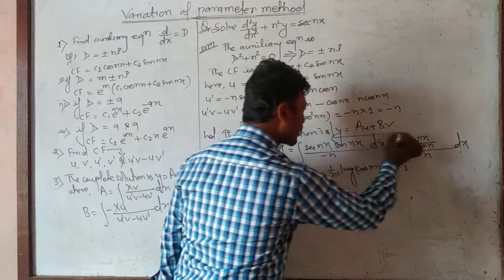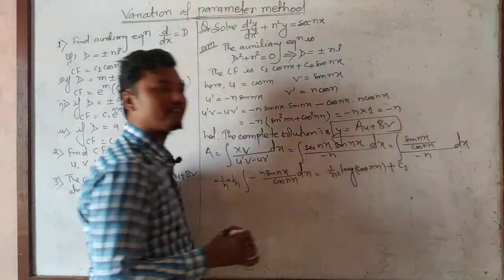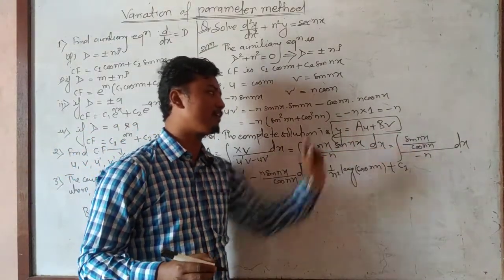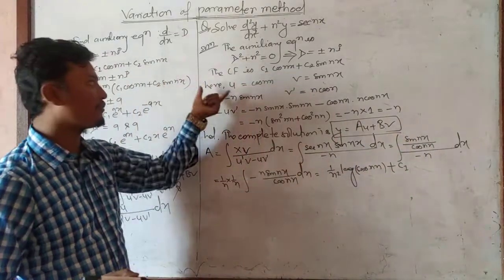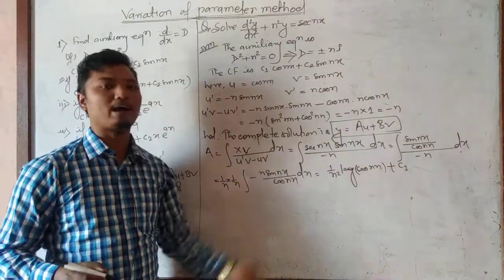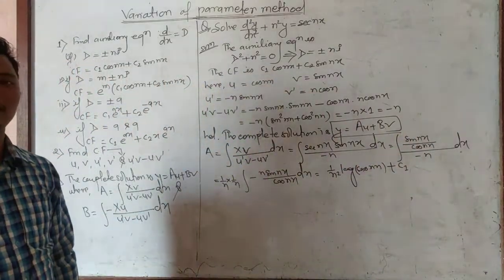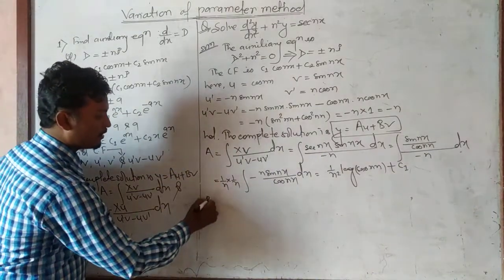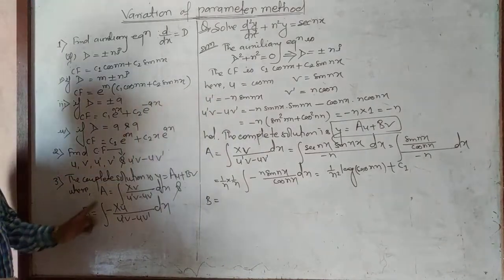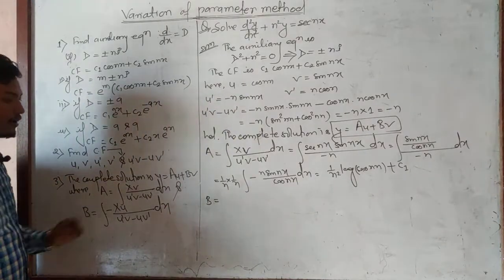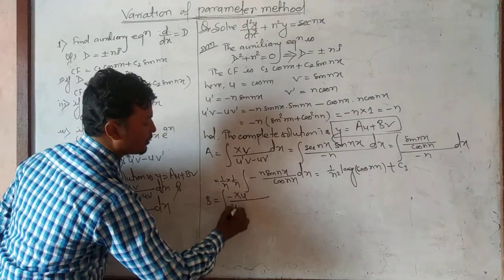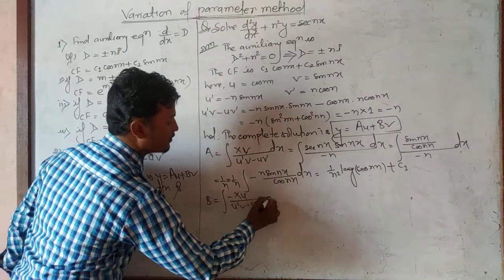This is our complete solution, and now I am collecting the required variables a, u, b, v. u and v we already obtained from the CF, and now I am trying to find the value of b. The formula of b is minus integration of minus x u upon u dash v minus u v dash dx.